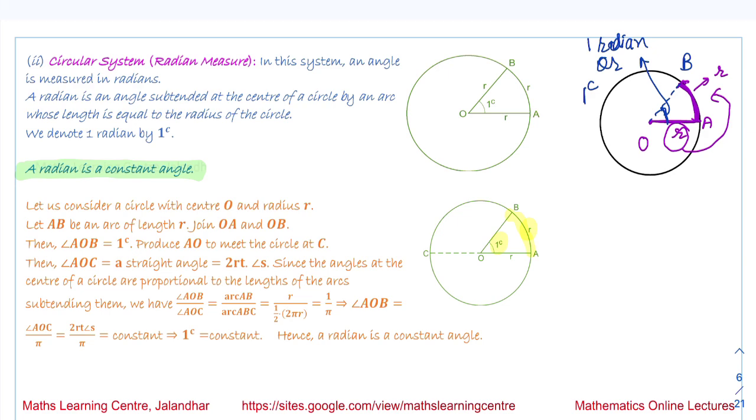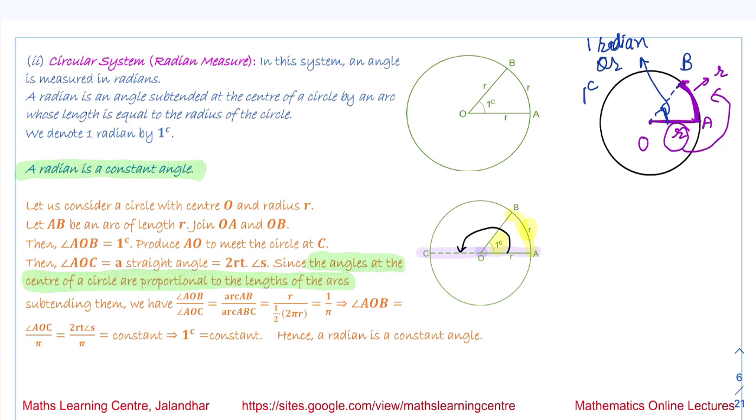Now if we produce this line OA in this direction to OC, where C is a point on the circle, then this complete angle will be a straight angle, equal to 2 right angles. We know that the angles at the center of the circle are proportional to the lengths of the arcs subtending them.